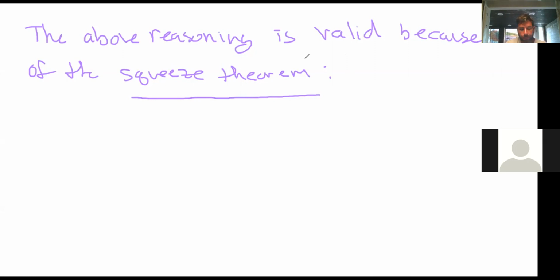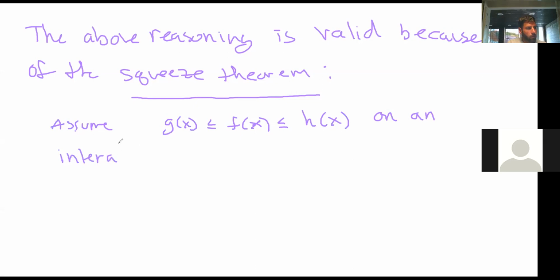Well, it says the following. Assume g of x is less than or equal to f of x is less than or equal to h of x on an interval containing a, and we leave out the event that a might not be defined in one of those.